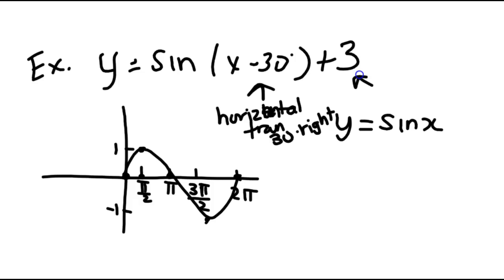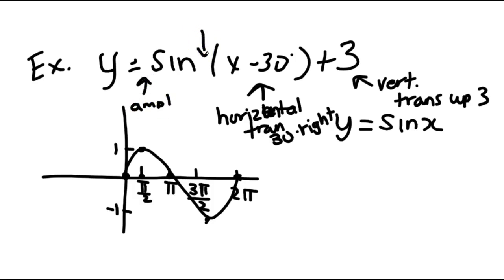Okay, this means we have a vertical translation, up 3. Okay, in front of here is just 1, so our amp is 1. And in front of here is just a 1, so our period is 2 pi.